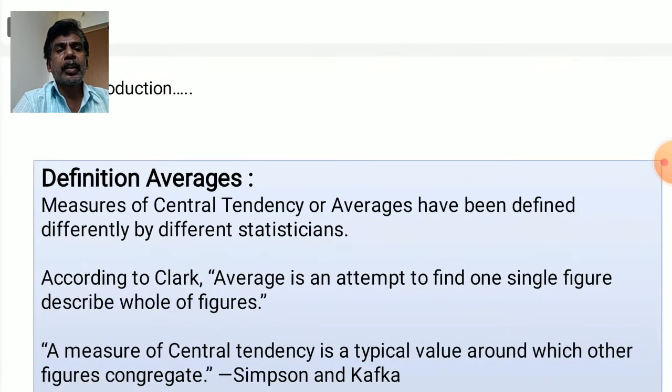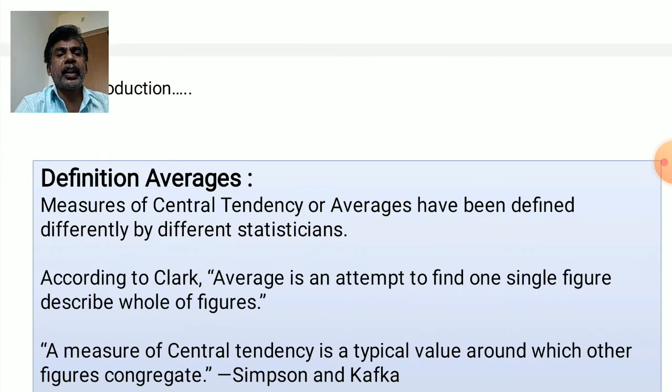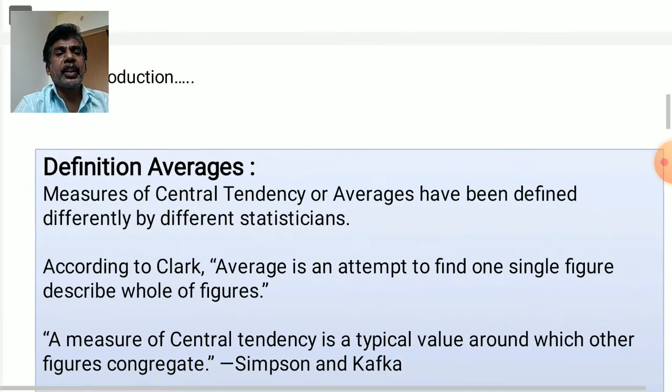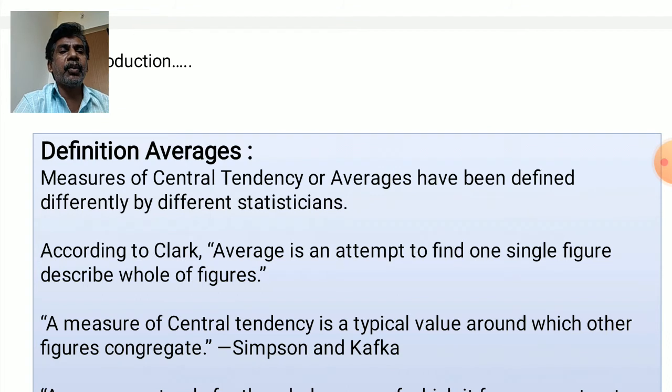Now, definition of averages. Measures of central tendency or averages have been defined differently by different statisticians or authors. According to Clark, average is an attempt to find one single figure which describes the whole of figures.